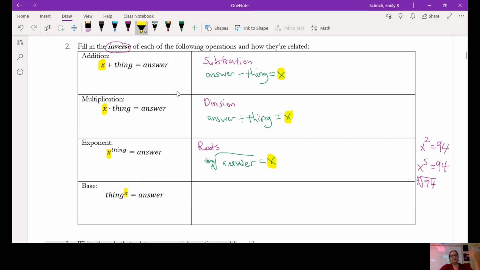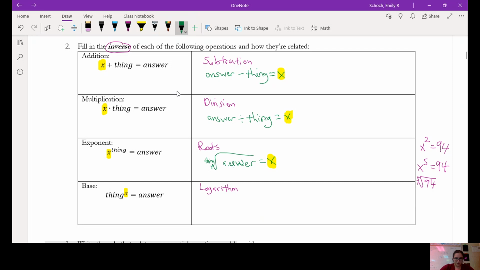If I need to get rid of the base so that I can get the exponent, this is called a logarithm. The whole point of logarithms is that it's what you do to the base to solve for the exponent. That's what they are, just like the whole point of square roots is it's what you do to a number to solve for the base.